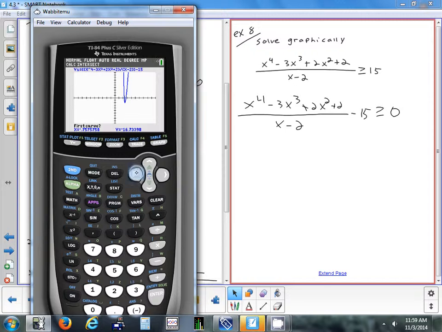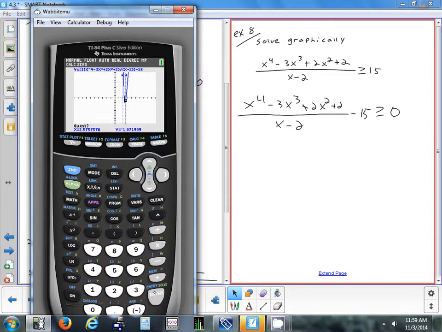So keep moving till you find where your cursor is, and to calculate a root. So pick a point somewhere to the left.